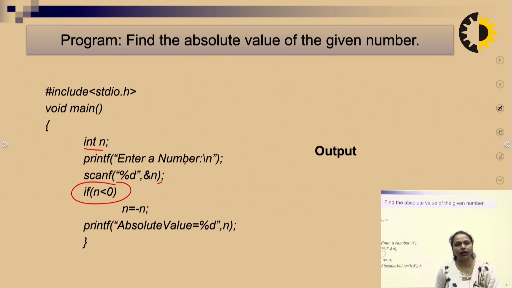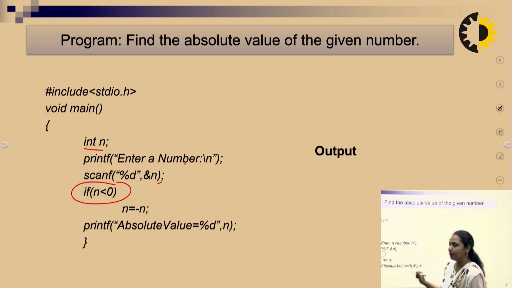Because when we are calculating the absolute number, it only means we are going to print only the number part. We are not including its sign. We are not telling the user that it is plus, minus or any other sign. We are only telling the digit, that is the absolute value of the data.